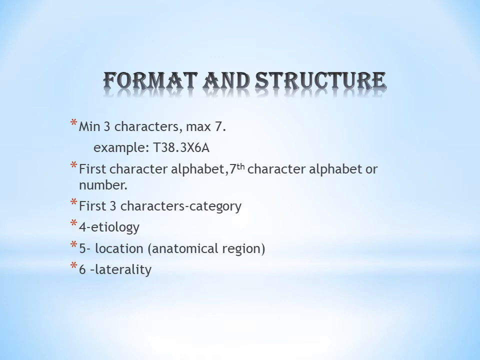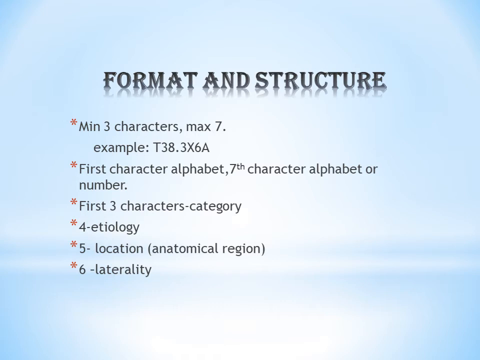Then next, the first 3 characters of a code are called a category. Here T38 is called a category. The fourth character represents the etiology or cause of the disease condition. The fifth character represents the location or the anatomical region.